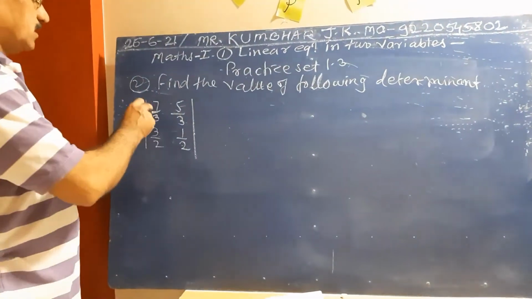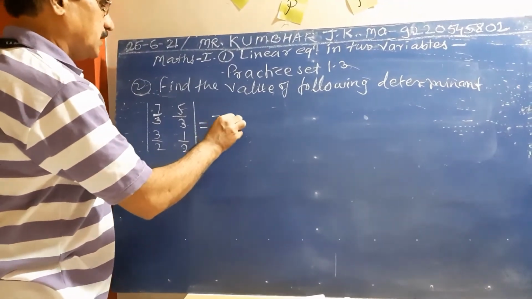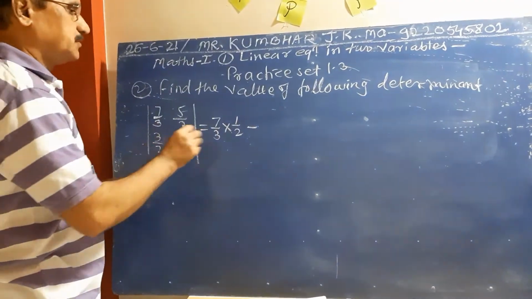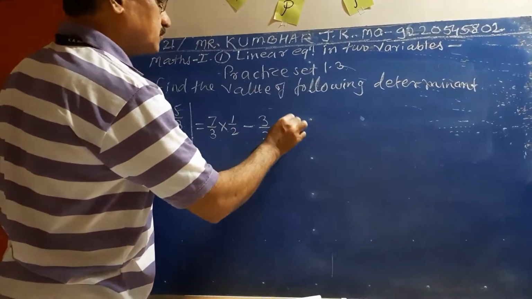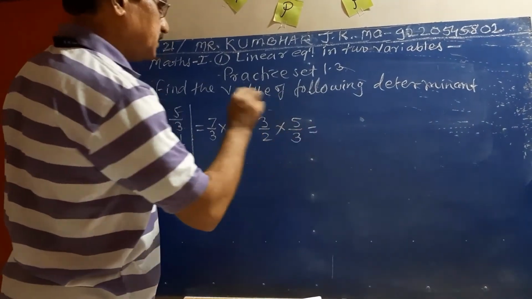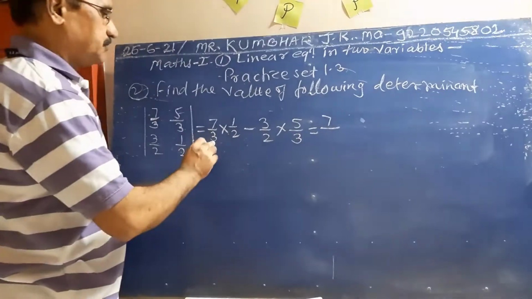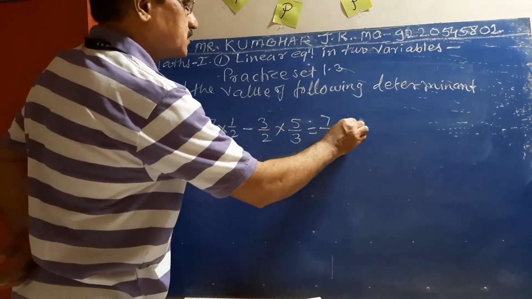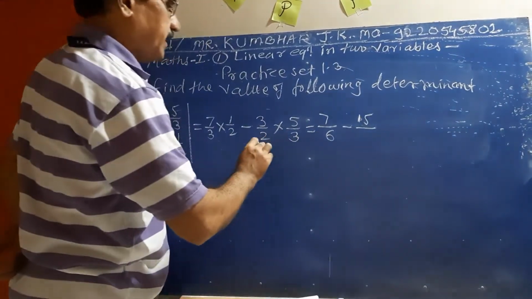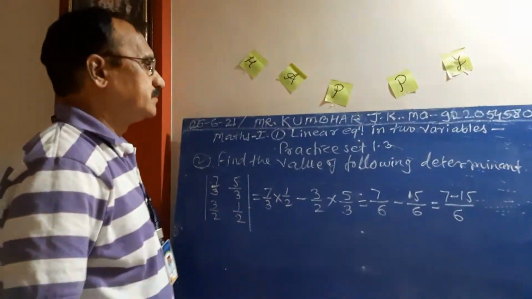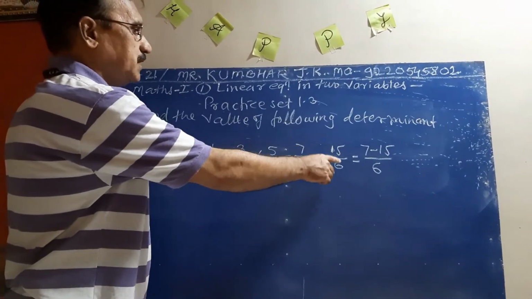Our same formula: 7 by 3 into half minus 3 by 2 into 5 by 3, which is equal to 7 into 1 is 7, 3 into 2 is 6, minus 3 into 5 is 15 and 2 into 3 is 6, so 7 upon 6 minus 15 upon 6.